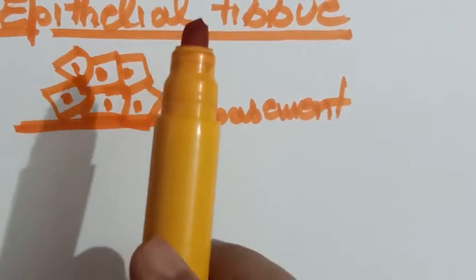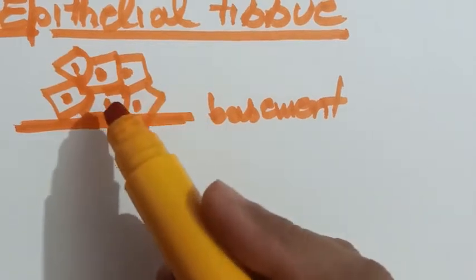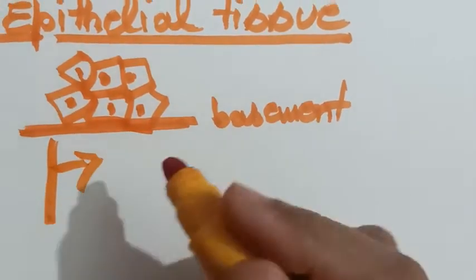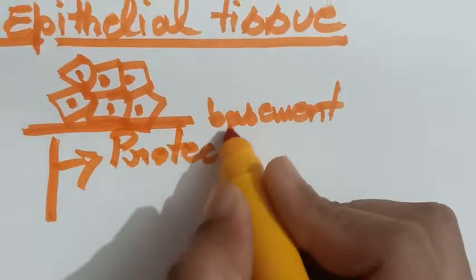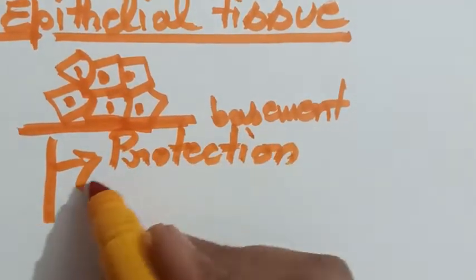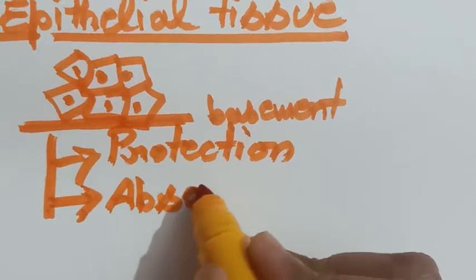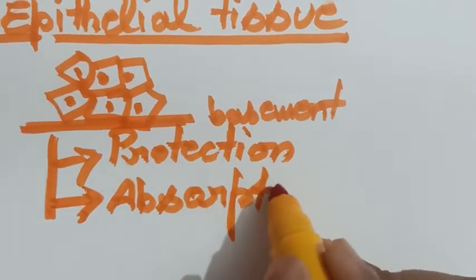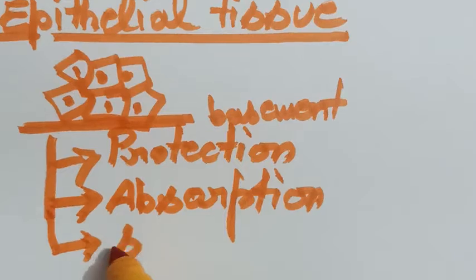The primary function of epithelial tissue is protection, absorption, and secretion.